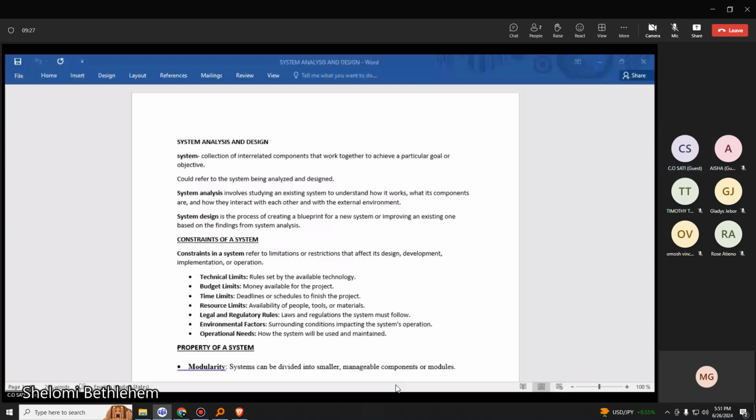Timothy, can you read for us what system analysis is? System analysis involves studying an existing system to understand how it works, what its components are, and how they interact with each other and with the external environment.